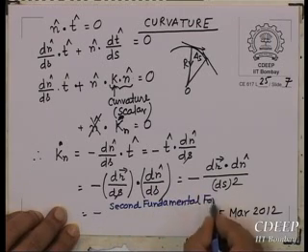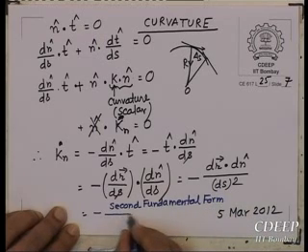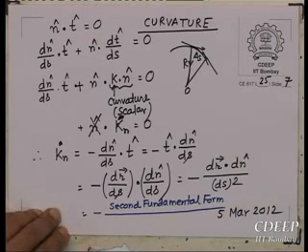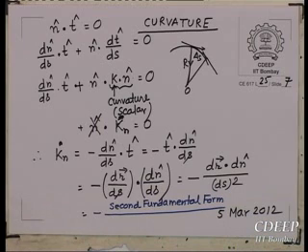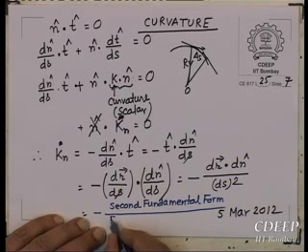And what is the denominator? It is ds square. The formula for ds square is called the first fundamental form. That is what we have done, so divided by the first.